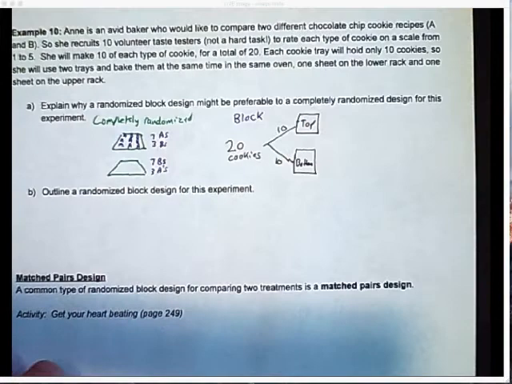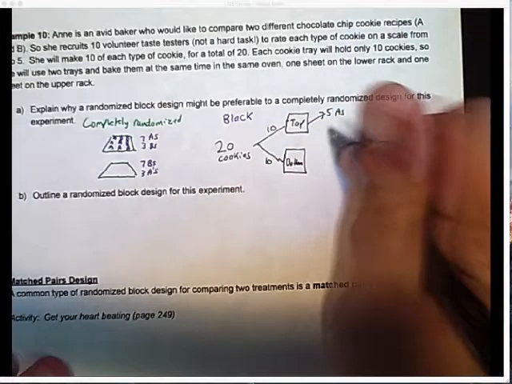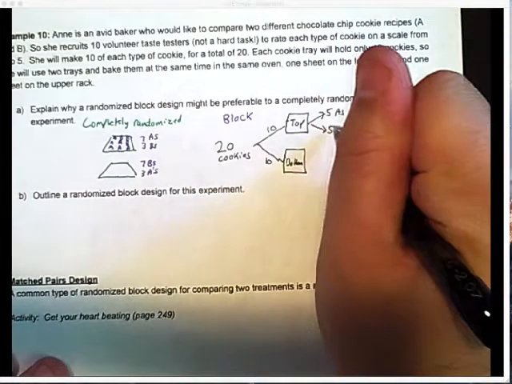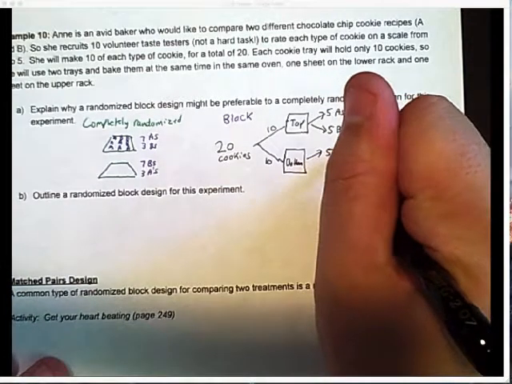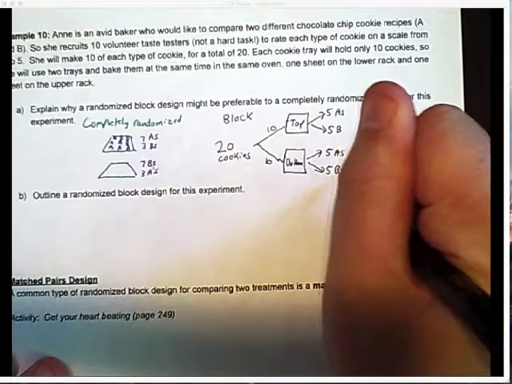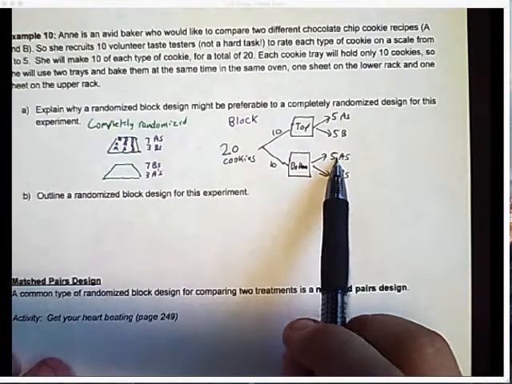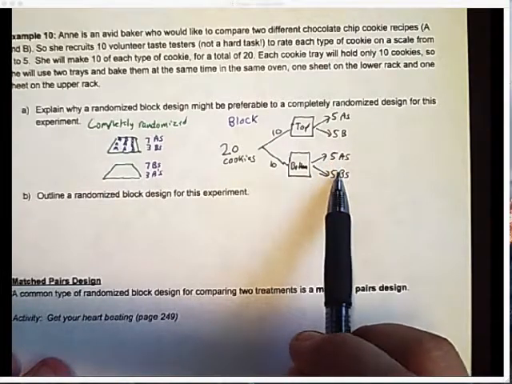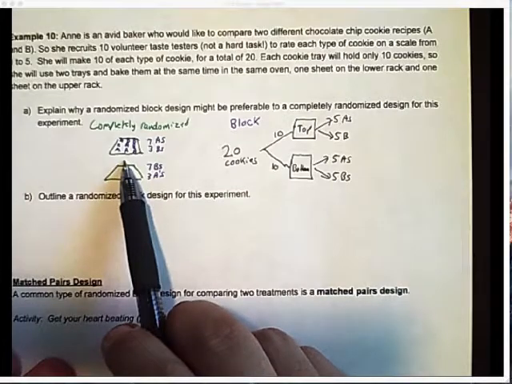But then we could say, okay, we're going to make sure that we have 5 of cookie type A and 5 of cookie type B. And then on the bottom shelf, we would put 5 A's and 5 B's. That way you have the same number that are cooking. So a block design would take into account the location, which might affect the cooking.